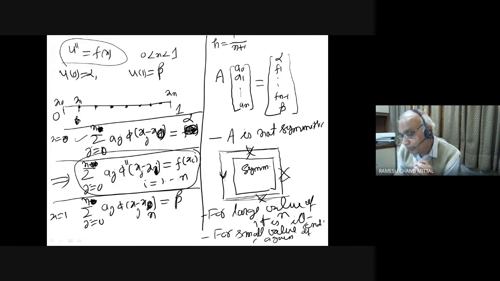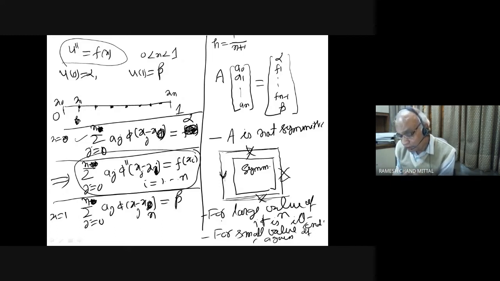So diagonal effect becomes less, and when diagonal effect becomes less, some kind of diagonal dominance is lost. So you have more problem. So c should not be very small, and your n should not be very large. If you do so, your solution will not come accurately.